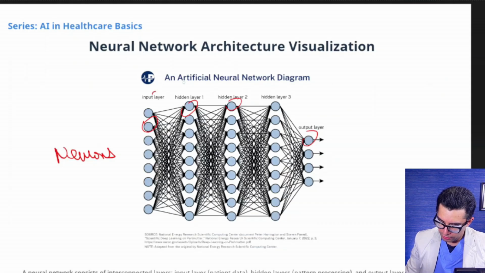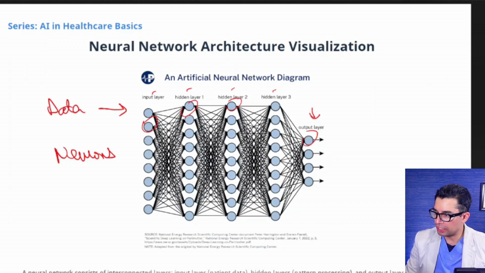You can see here an input layer, hidden layer, another hidden layer, another hidden layer, and then you have the output layer. Data comes into your input layer, gets processed in your hidden layers, and it could be one or more than one. The more hidden layers you have, likely the more complicated your model is. And then you get results in your output layer.